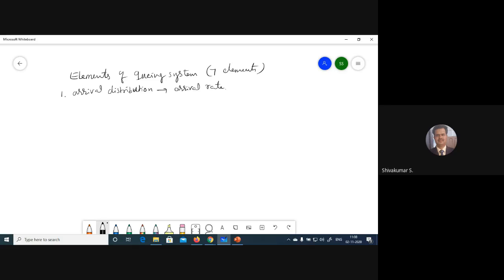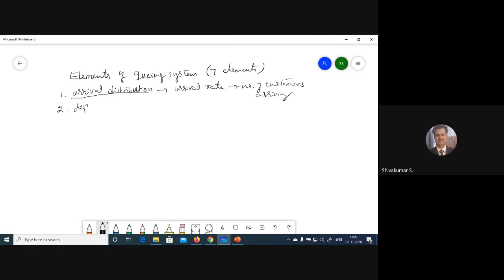Basically we are finding how many customers are arriving to get served. That is what is called the arrival distribution, one of the important elements of queuing theory. The second element is departure distribution, that is service.